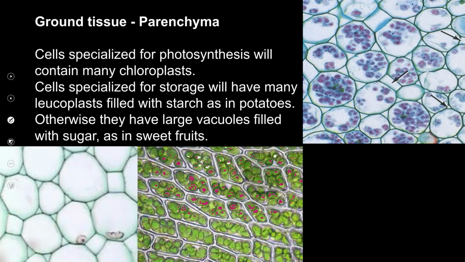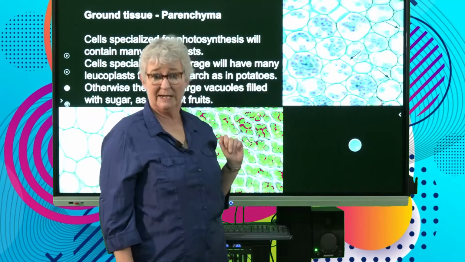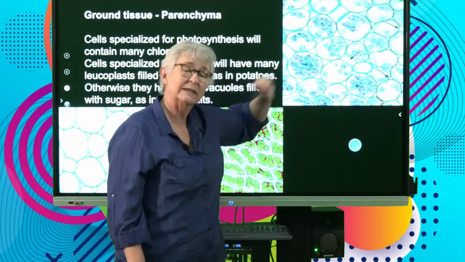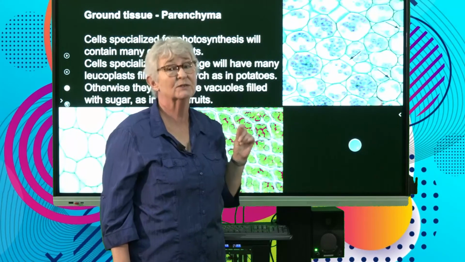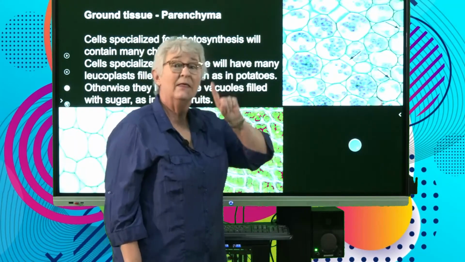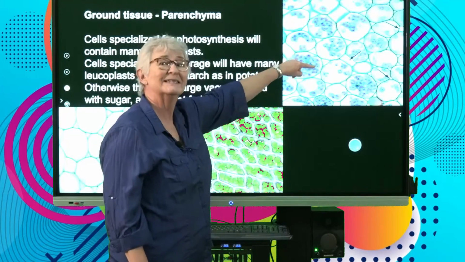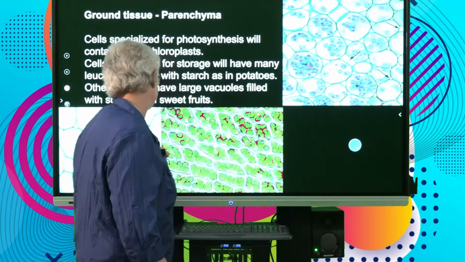That's obviously in the leaves for photosynthesis. What we have here, that is your potato. Because inside those cells, those little purpley things, those are the starch grains, and you should know that when you eat potatoes, you're eating a lot of starch. This picture shows very nicely how there are spaces between the cells.